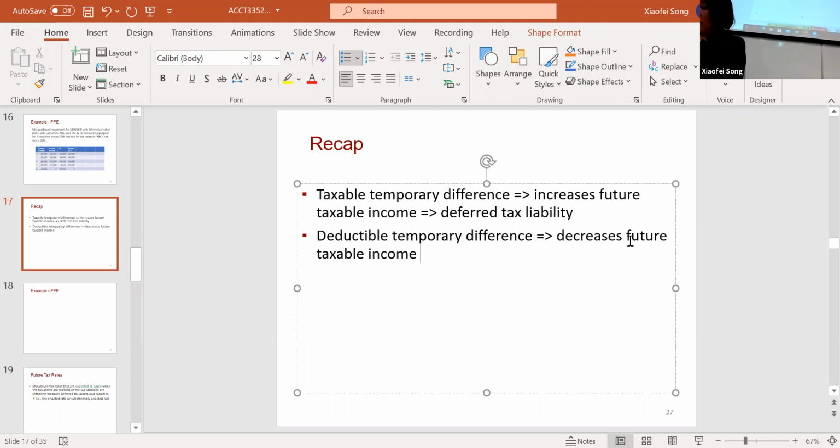So that will reduce future tax to be paid. We paid already, so that gives rise to a deferred tax what? Asset or liability? Asset.